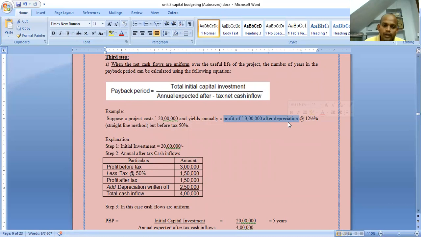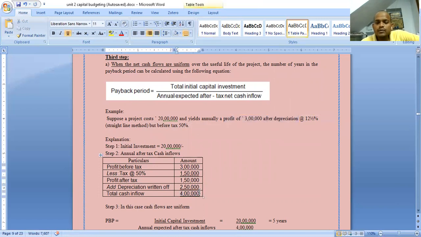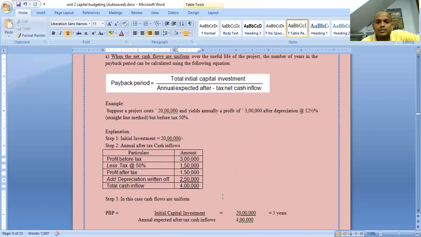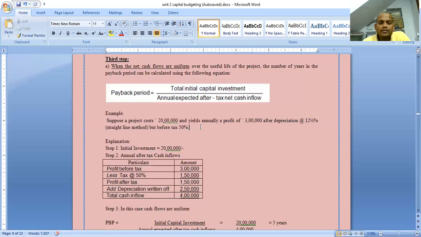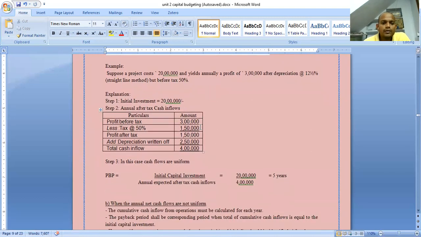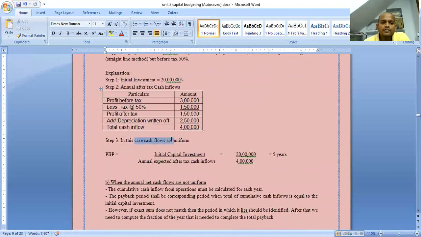That is why we deduct the depreciation first, and after calculating the tax, we add the depreciation back, so that we can simply determine the total cash inflows. The third step: annual profits are uniform, because throughout the life it gets 3 lakhs annually. So in this case cash flows are uniform.